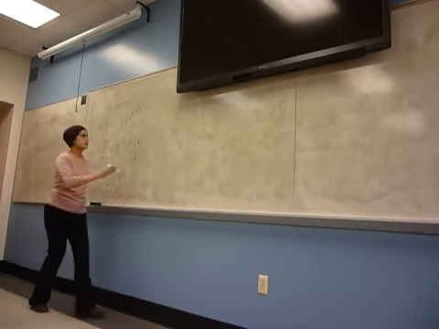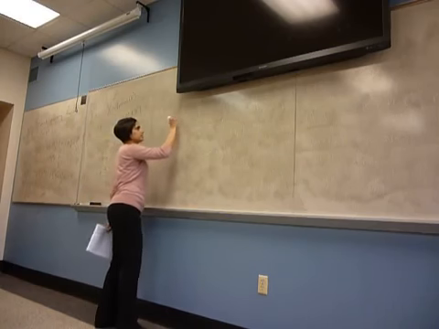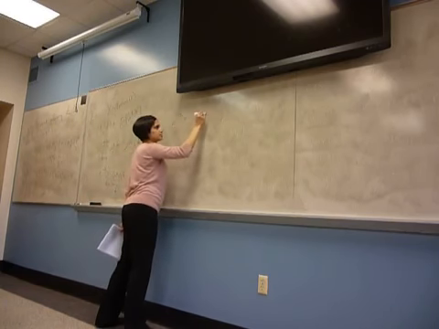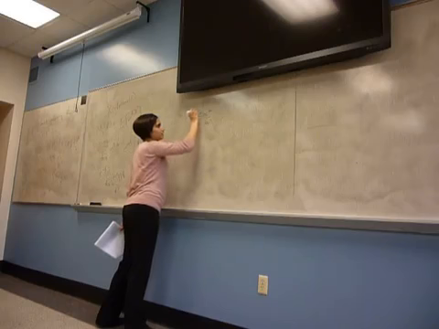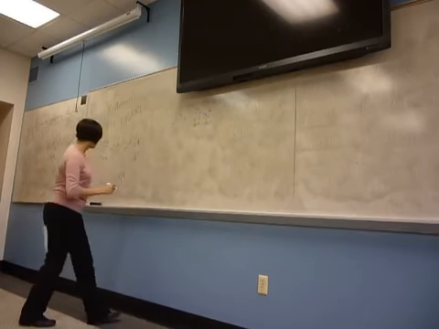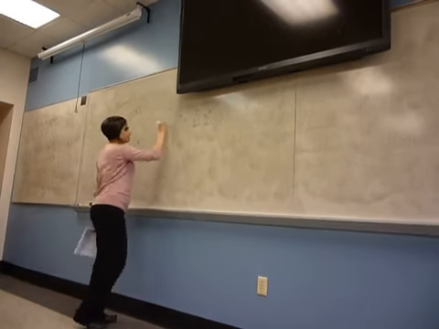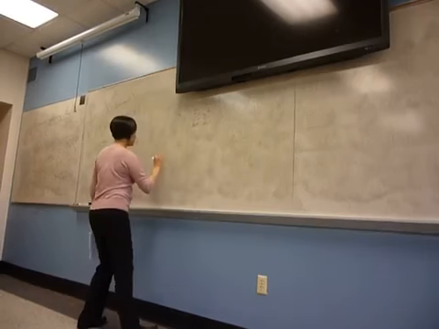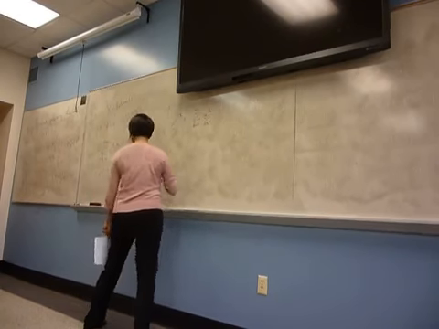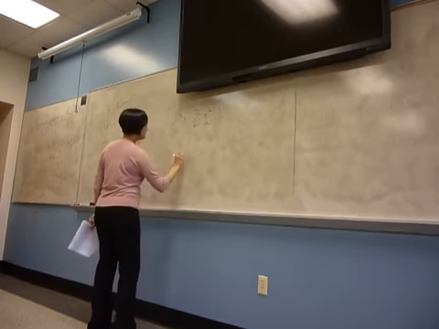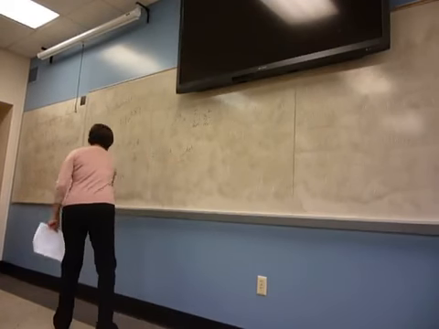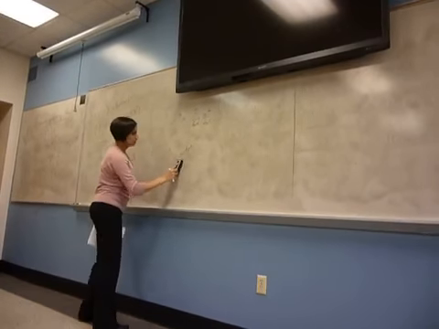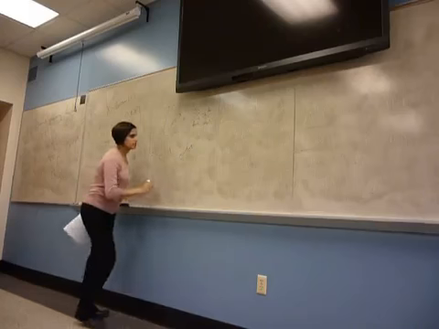And now we know that this is just the Taylor series expansion of e to the x. So since we know this, we get e to the negative lambda times e to the lambda e to the t, which is e to the lambda times e to the t minus 1.